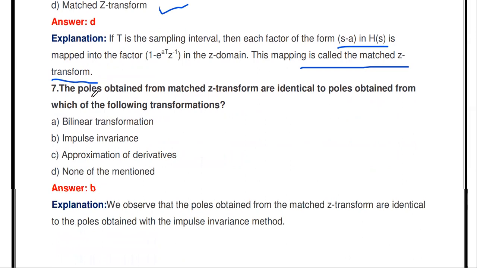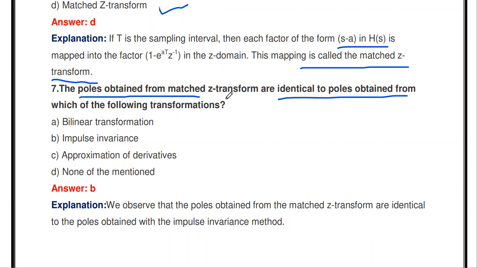The next question: the poles obtained from the matched Z transform are identical to the poles obtained from which of the following transformations?